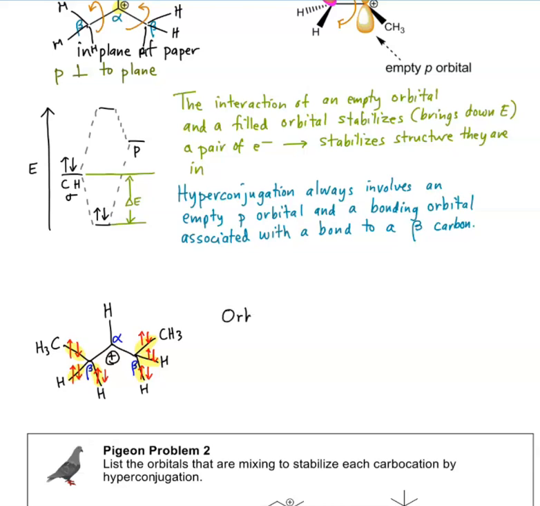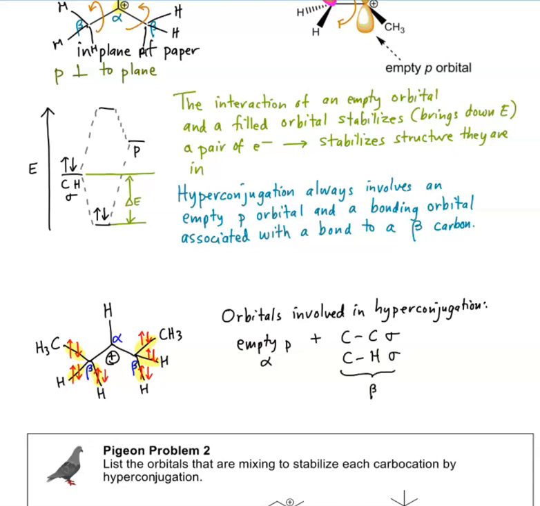So the orbitals involved in hyperconjugation for this structure, always going to be the empty p orbital. So that's the one on the alpha carbon. And then coming off of the beta carbons, we have CC sigma, and we also have CH sigma. So these are coming from the beta carbons.